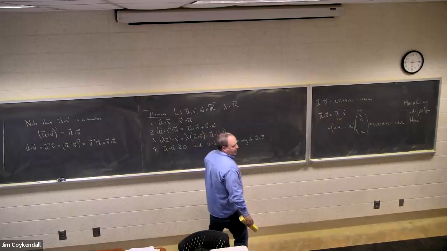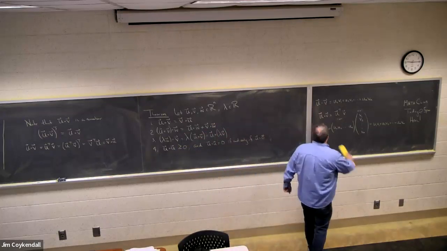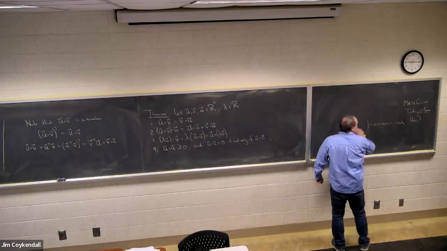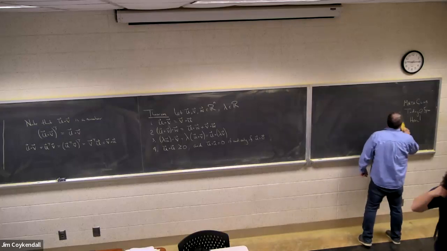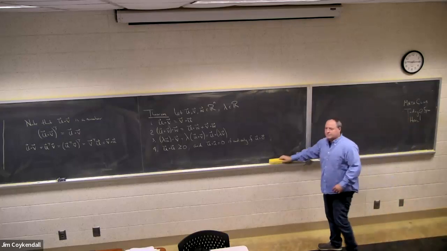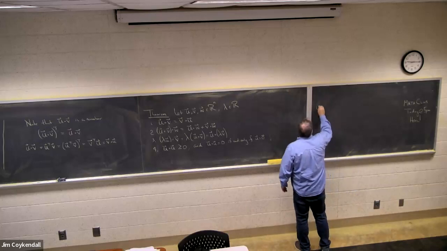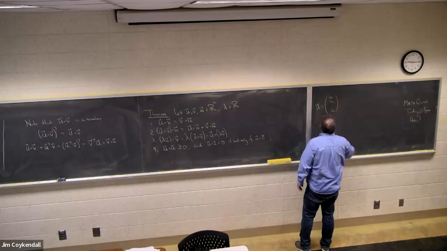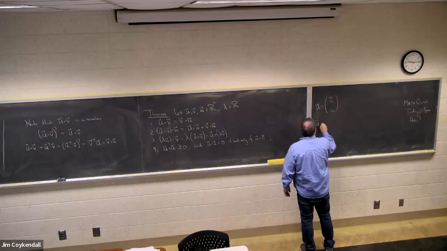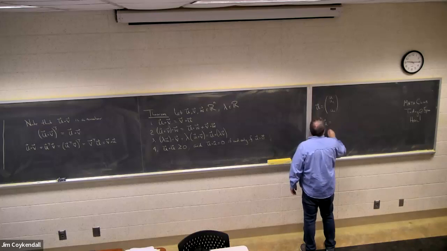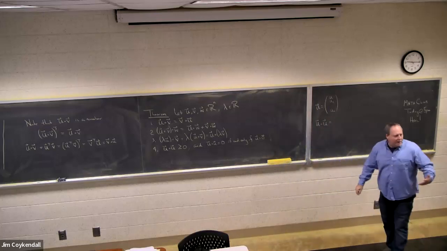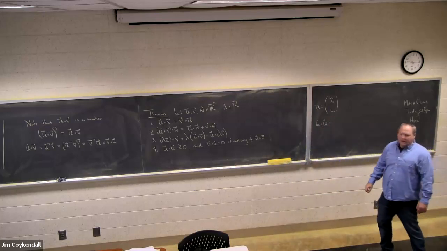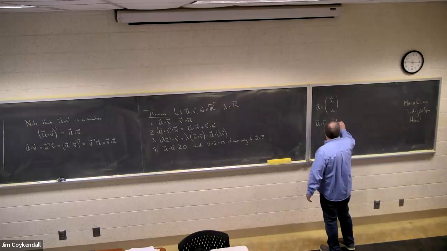These are all easy to prove, but let me demonstrate why the fourth one is true. That's really the interesting part of it. Let U equal (u1, u2, up to un). Then U dotted with U is just the square of all the components added up.